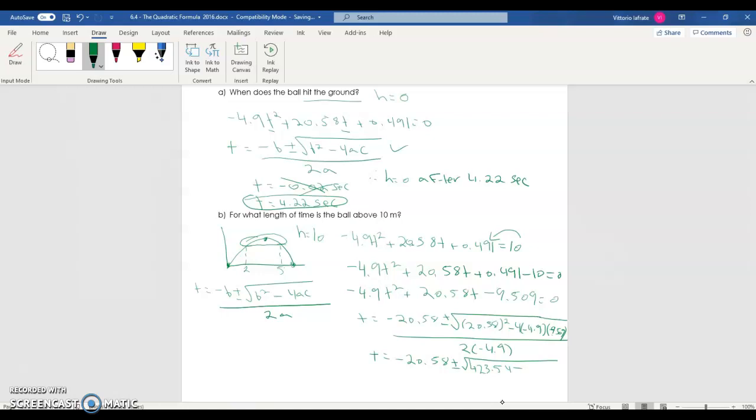So minus 4 times minus 4.9 times minus 9.509. So that's minus 186.376, about 186.38, over our negative 4.9 times 2, and that'll give us negative 9.8.